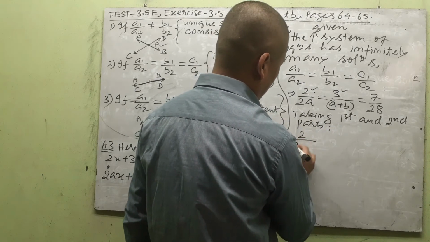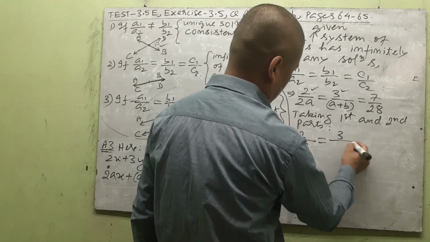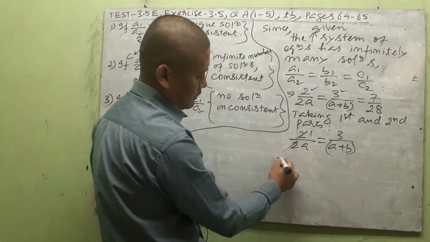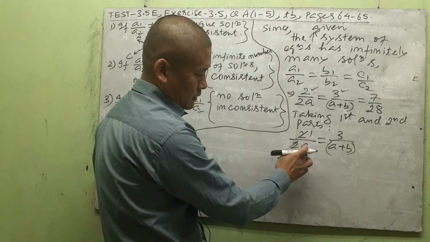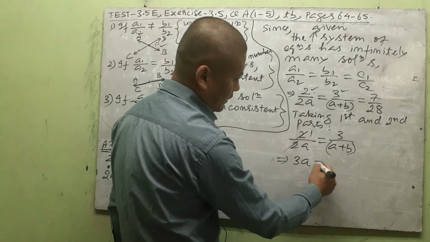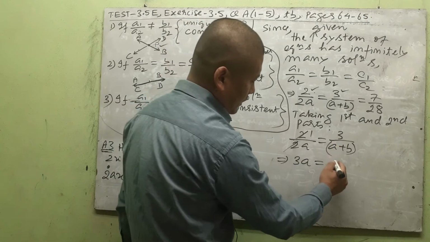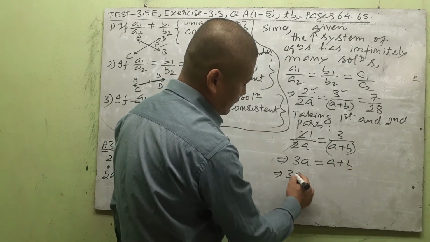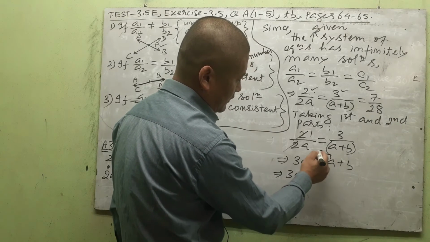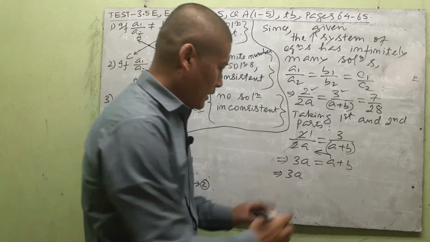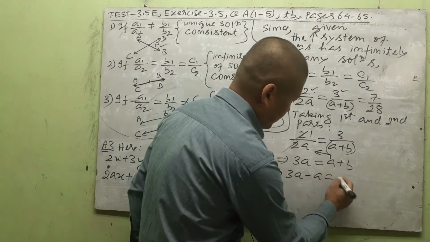First part is 2 by 2a is equal to 3 by a plus b. These 2 and 2 cancel. Cross multiply: a into 3, 3a, equal to 1 into a, 1 into b, so a plus b. Bring the a terms to one side: plus a shifted from right to left becomes minus a.